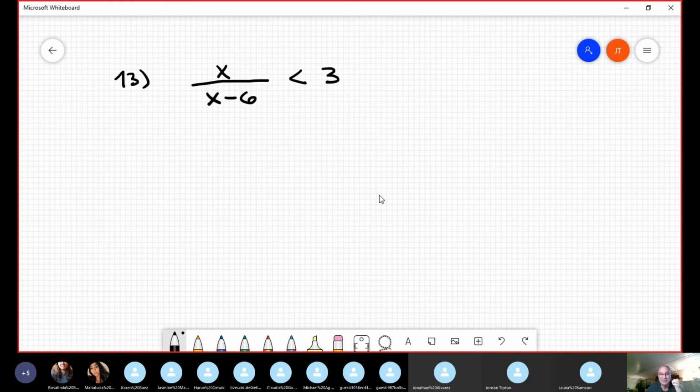What is the classical mistake? Some people, even tutors, I can see, apply cross multiplication. No. Never cross multiplication. Because I teach you to understand this kind of inequality, the right-hand side must be 0, not 3. So you copy x divided by x minus 6 minus 3 less than 0.